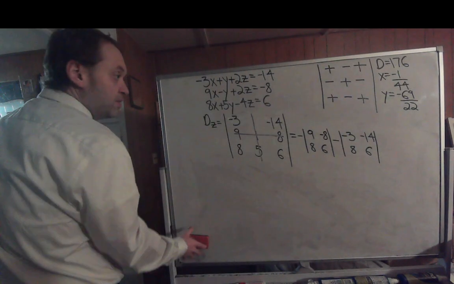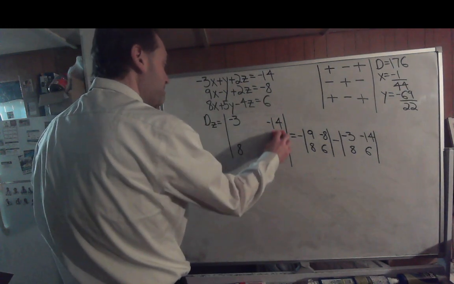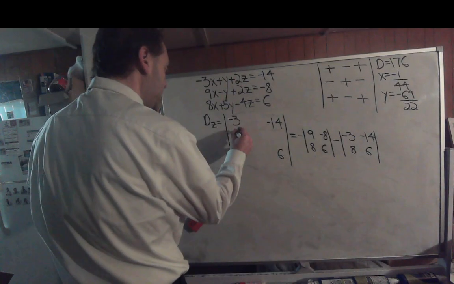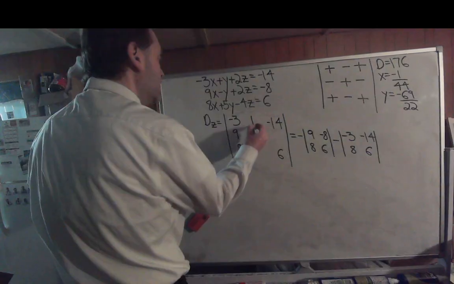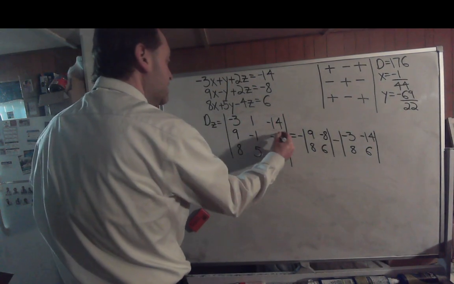And then we have one final 2 by 2 determinant we should end up obtaining. Negative 3 is positive 9 there. 1, negative 1, 5.